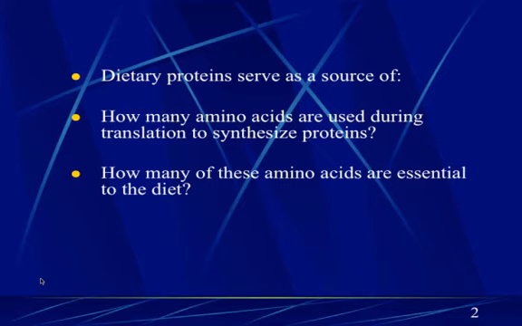Right, we eat lots of different amino acids. How many amino acids are used during translation to synthesize proteins? 20. Remember that? We need 20 different amino acids to translate proteins. How many of these amino acids are essential to the diet? 9. Remember that? 9 of the 20.